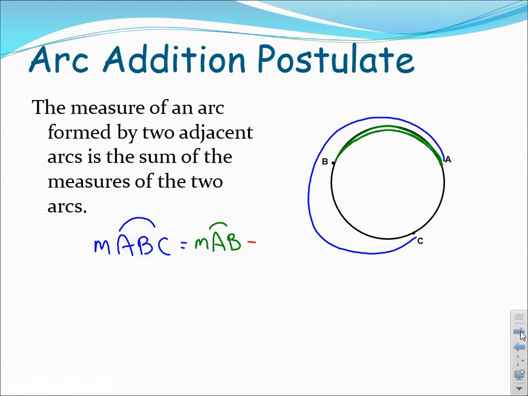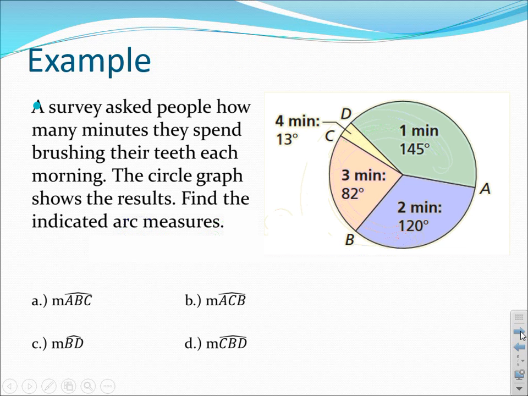But then I'm gonna add the measure of arc BC, okay? So arc addition is just like angle addition and segment addition, to where you're taking 2 arcs and adding them together to get one big arc, okay? Hopefully that's common sense.